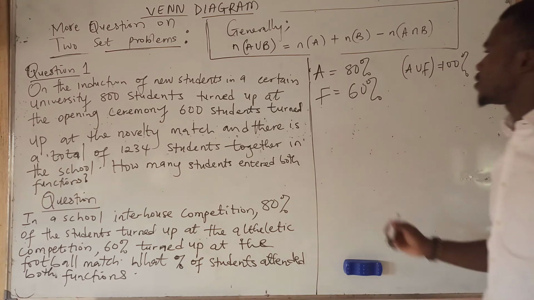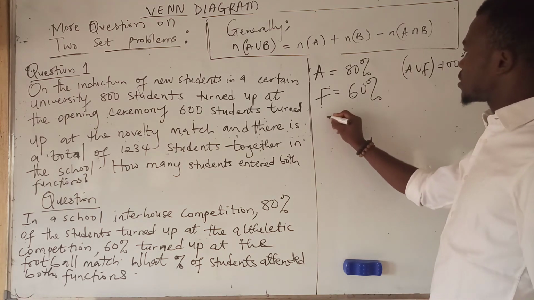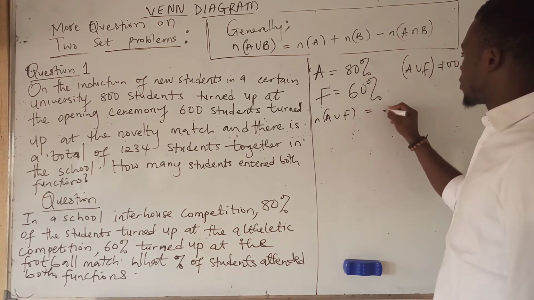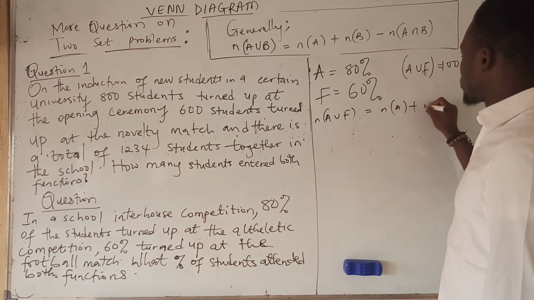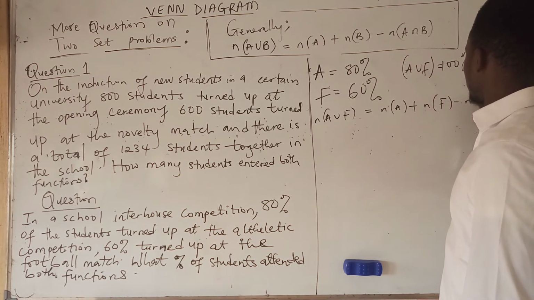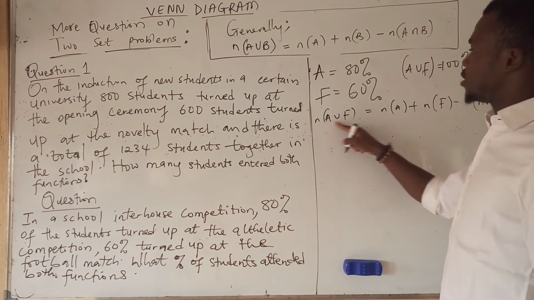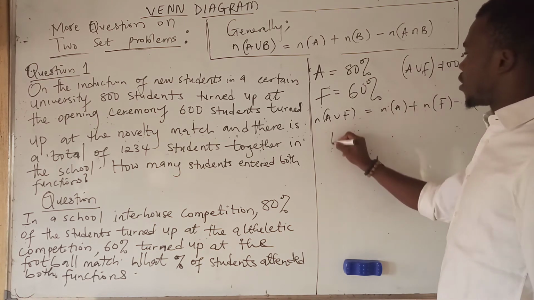Now we have that the number of A union F should be equal to number of A plus number of F minus number of A intersect F. So the number of A union F is 100%.